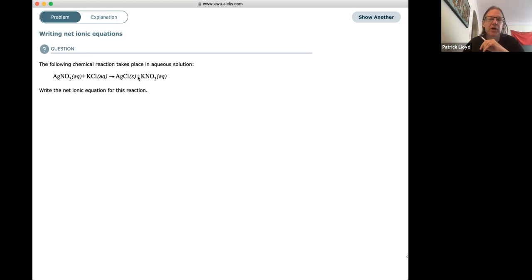There was no KNO3 at the beginning, but now there is a new substance called KNO3. So we have a reaction here. One of them is a solid, and that's what we're going to focus on, this idea that some compounds are insoluble in water.